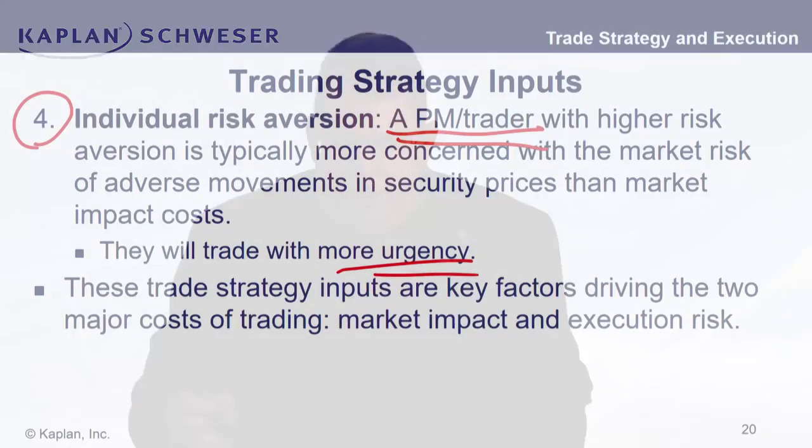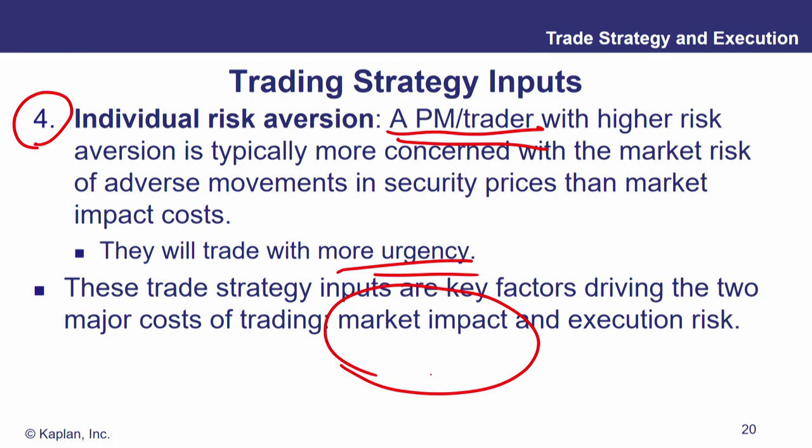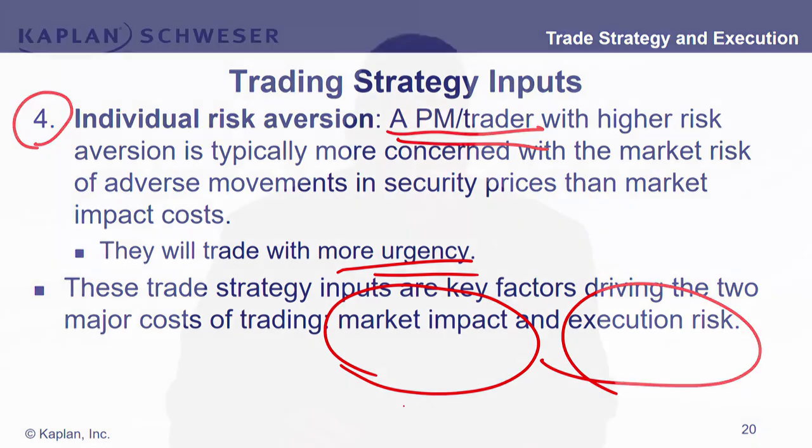They're really concerned, when you think about it, about these security prices. We want to get this trade done. I'm not that worried about market impact cost. So again, I'm going to trade with more urgency, and these trade strategies are key factors to the two major costs of trading. We've talked about these: market impact and execution risk. So again, two major costs of trading. Always think about market impact and execution risk.